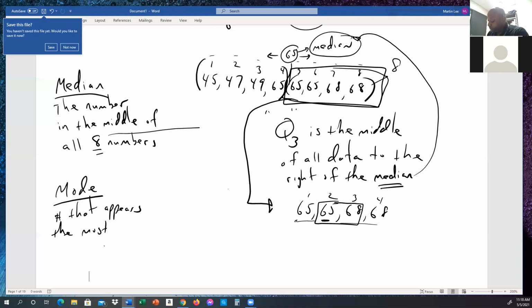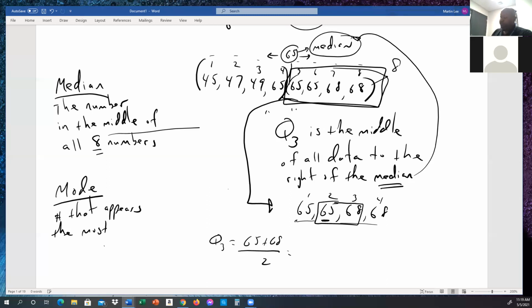So Q3 is going to equal 65 plus 68 divided by 2. 65 plus 68 equals 133, divided by 2 is 66.5.